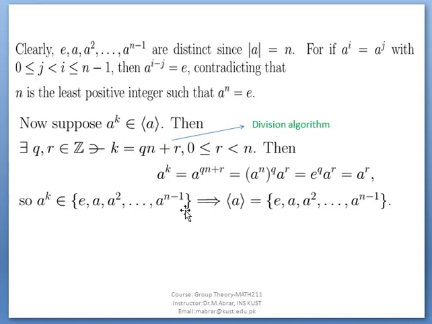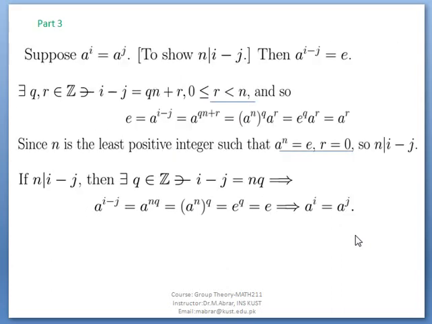So look here, now this a^k can be written as a power of a again, so it belongs to this set, and this simply means the group generated by a is nothing but e, a, a squared, and so on up to a^(n-1).